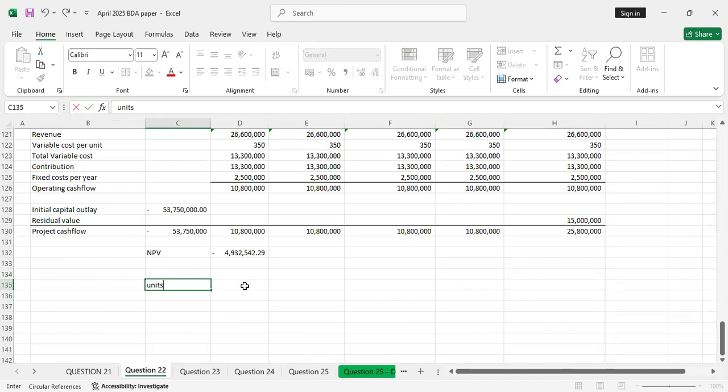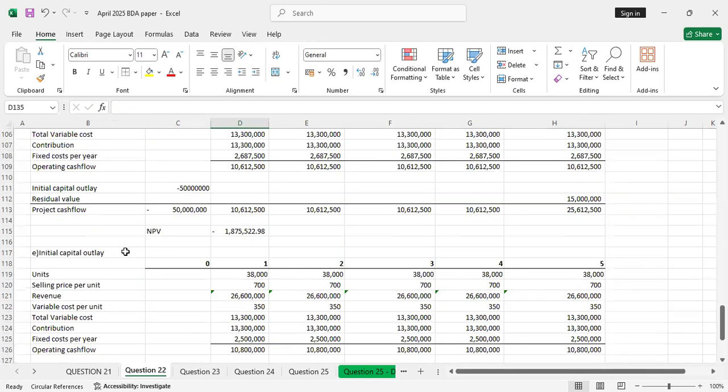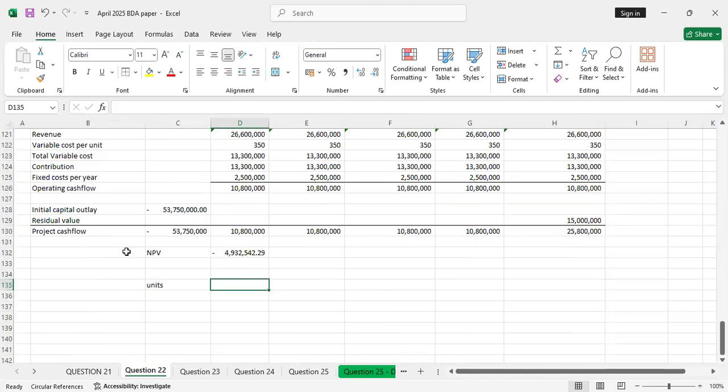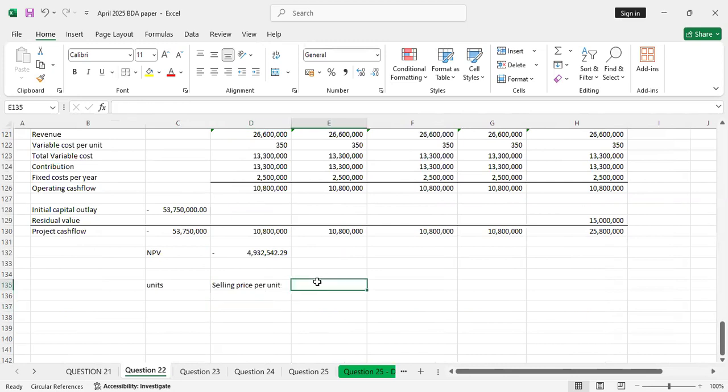Then we had selling price per unit, because that's what we varied. Then we'll also have the variable cost per unit.